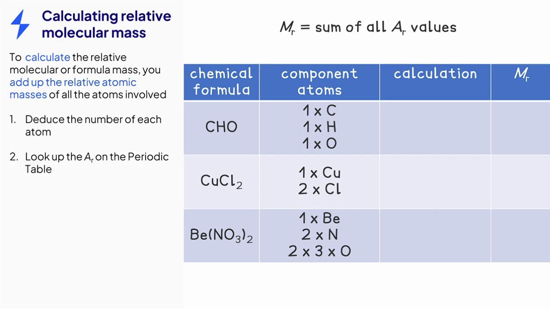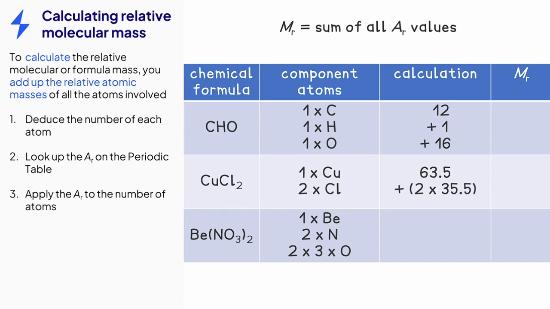We then look up the relative atomic masses on the periodic table and apply them. So, CH4O is 12 plus 4 plus 16. CuCl2 is 63.5 plus 2 times 35.5. Be(NO3)2 is 9 plus 2 times 14 plus 6 times 16.